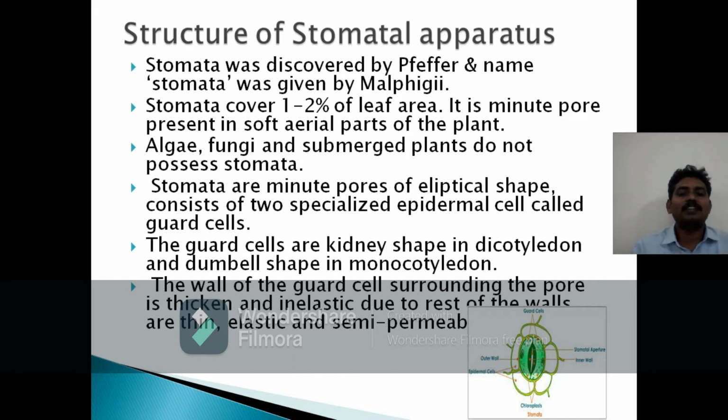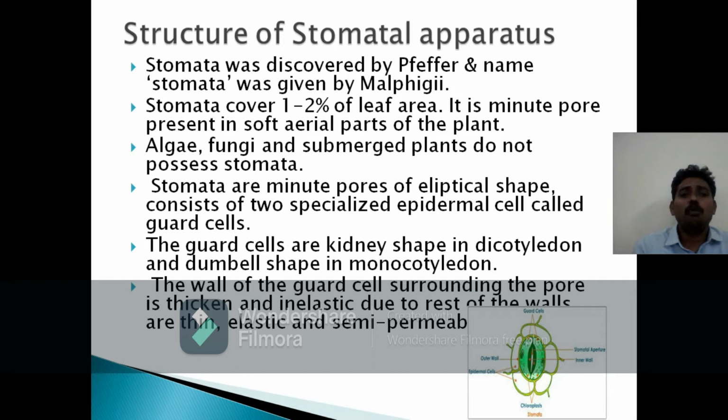Stomata were first observed by Pfeffer, but actually the name stomata was given by Malpighi. Stomata cover 1 to 2% of the leaf area. It is a very minute pore present in the soft aerial parts of the plant.